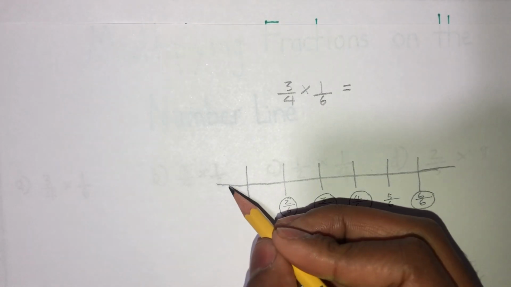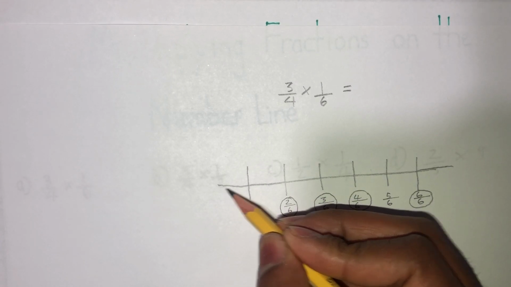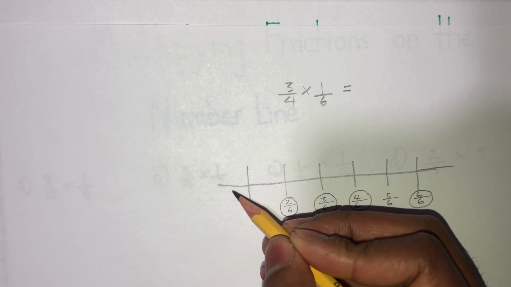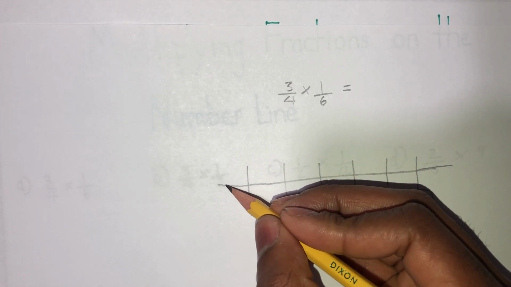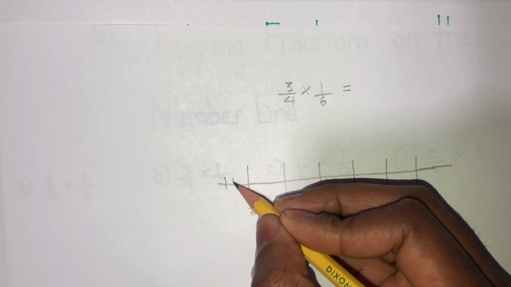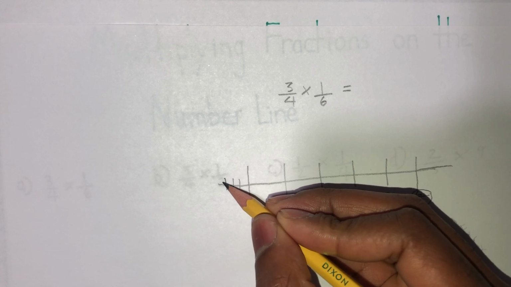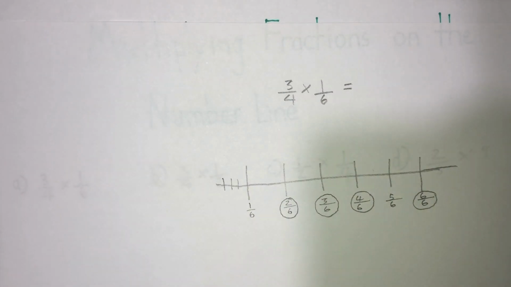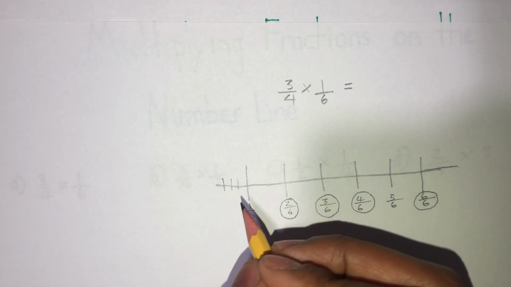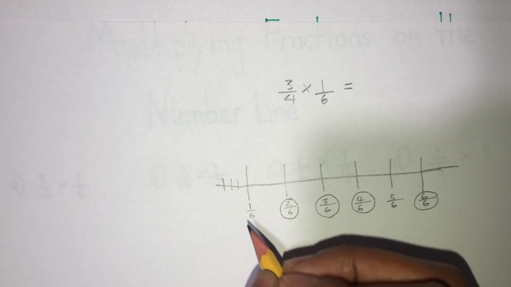So now we are going to divide this section into 4 equal parts. So here we have 1, 2, 3, 4. Good. And we need to find 3/4 of the distance to 1/6.